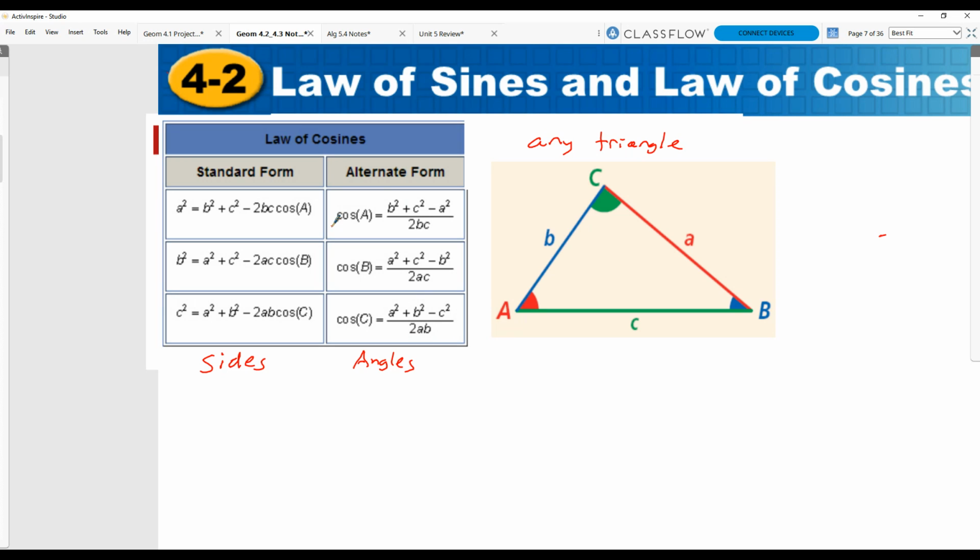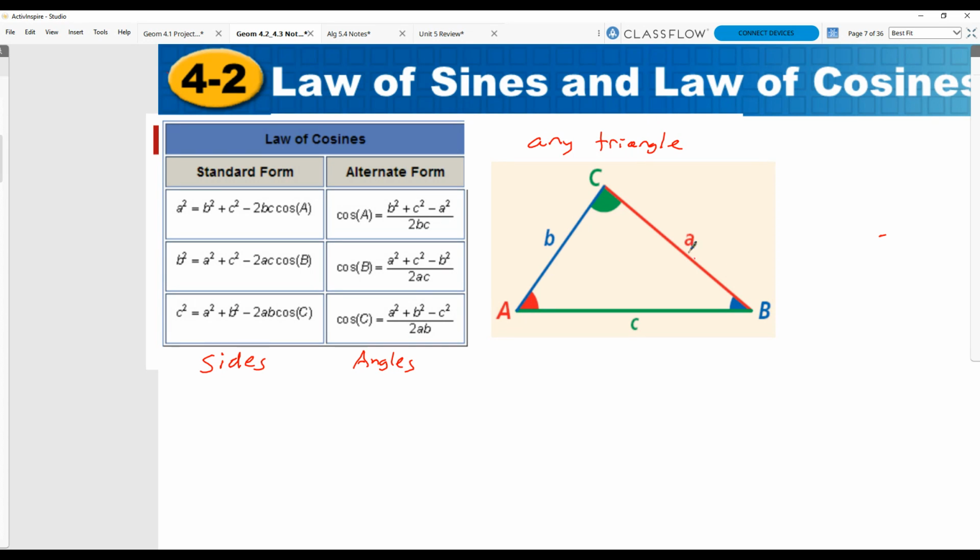All right, so let's take a look at when they would be used. But first of all, take a look at how this triangle is labeled. So they got angles A, C, and B. All right, and it doesn't matter how you label your triangle.